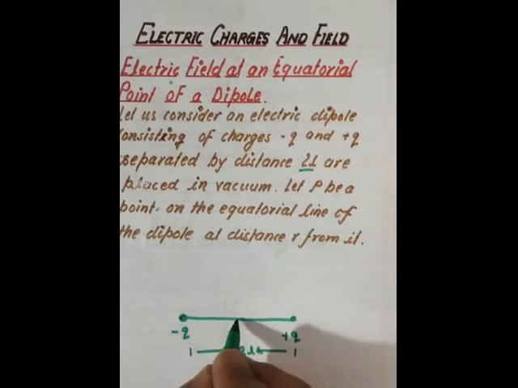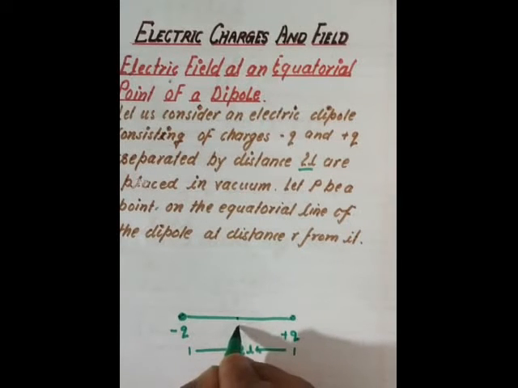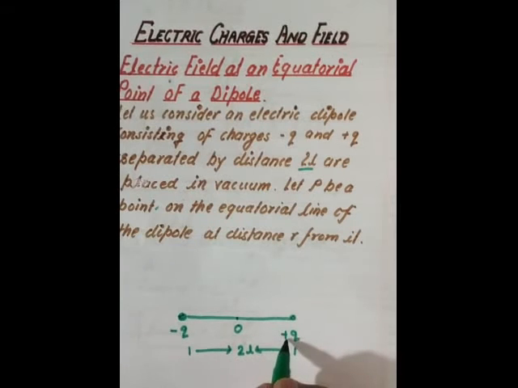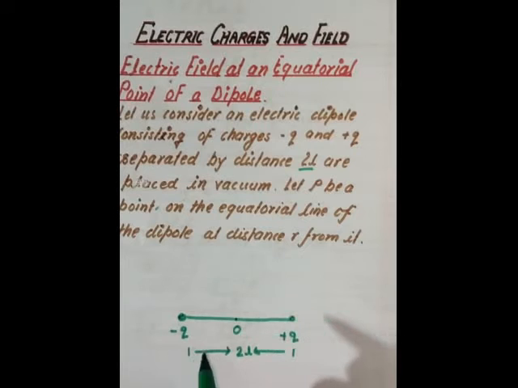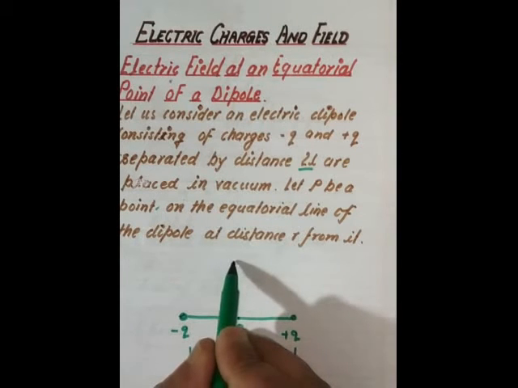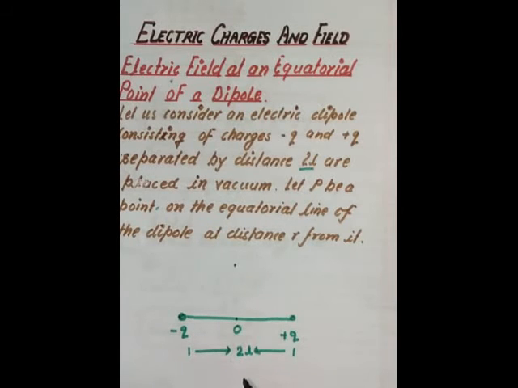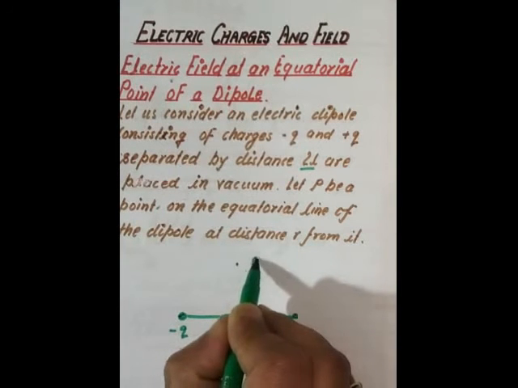This is the center point of the dipole, from where the field lines should be counted out. Suppose here is a point P in the equatorial position of the dipole.